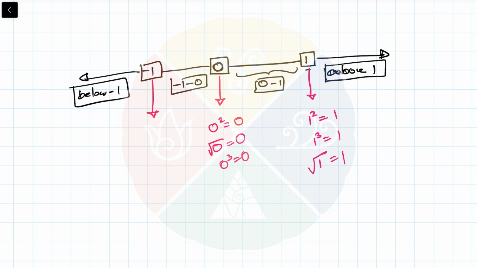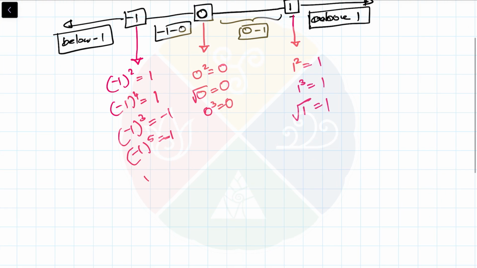But when you take the group of minus 1, minus 1 raised to any even power gives plus 1, and minus 1 raised to any odd power gives minus 1.